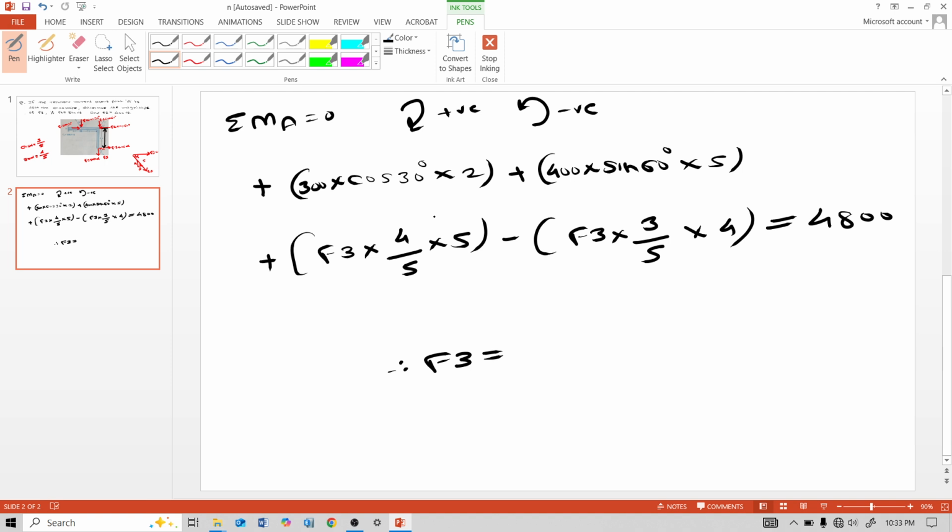So after solving it in the engineering calculator, we will see what the F3 force is.